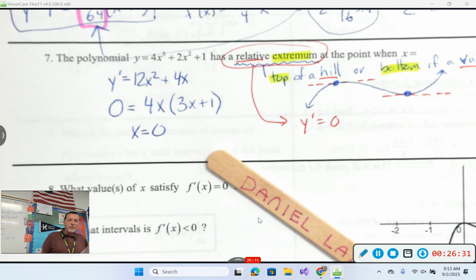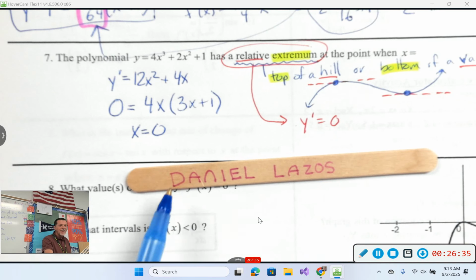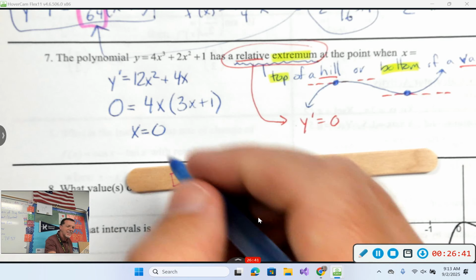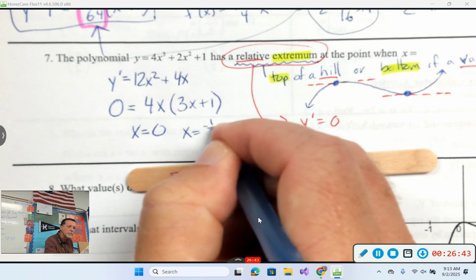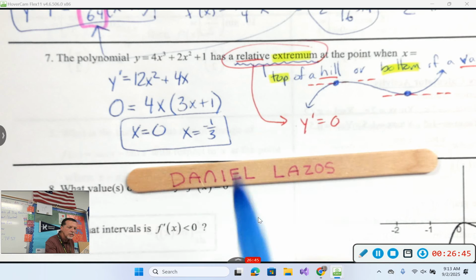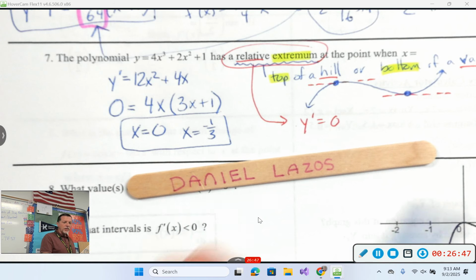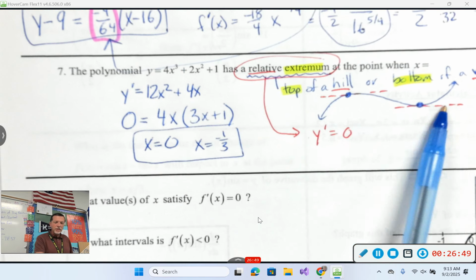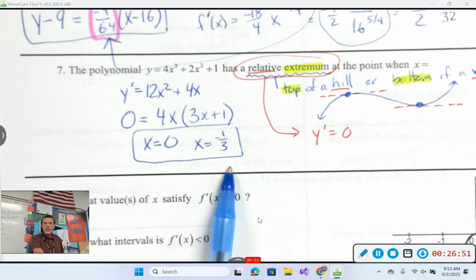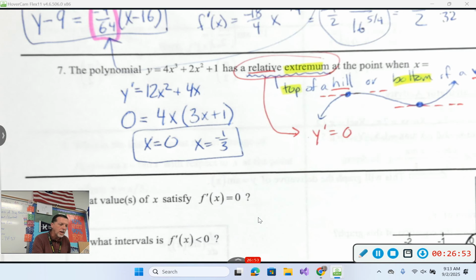It is a trick question for some people because they don't know what to do with the 4x thing. And the 3x plus 1 is hopefully easier. Now that I said that, we'll put Daniel on the spot. Negative 1/3. So at 0 and at negative 1/3, we don't know if it's the top of a hill or the bottom of a valley yet. That's for later, but we've at least located where they might be.